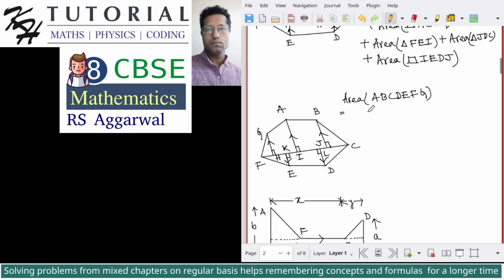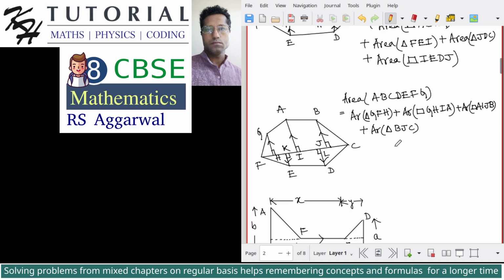So in this figure the area of the heptagon ABCDEFG will be equal to, for area I am writing AR in short, so area of triangle GFH plus area of trapezium GHIA plus area of trapezium AIJB plus area of triangle BJC.